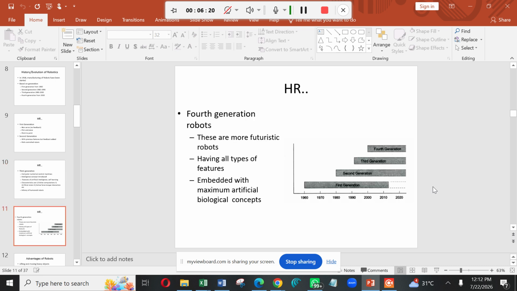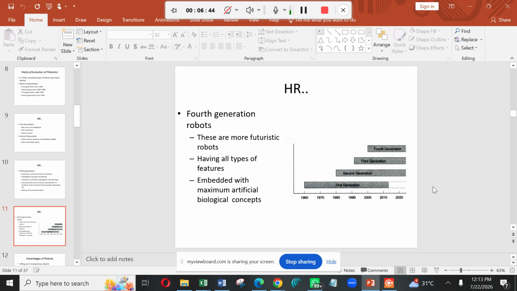Then the fourth generation. In the fourth generation, all the previous things are there. Other than that, there are some more futuristic features. What are they? Embedded with maximum artificial biological concept.